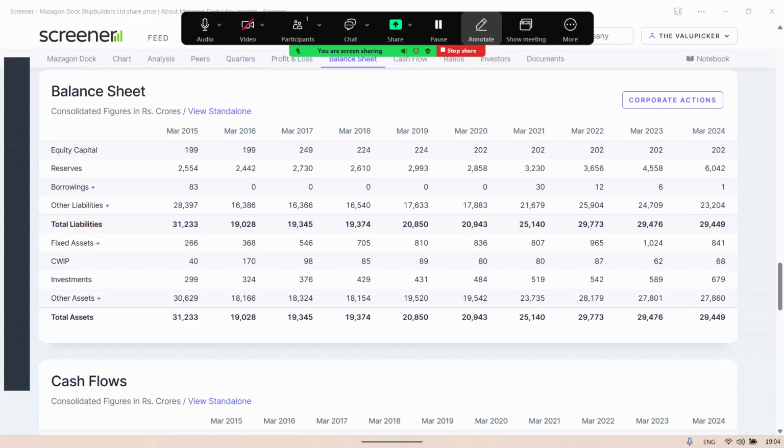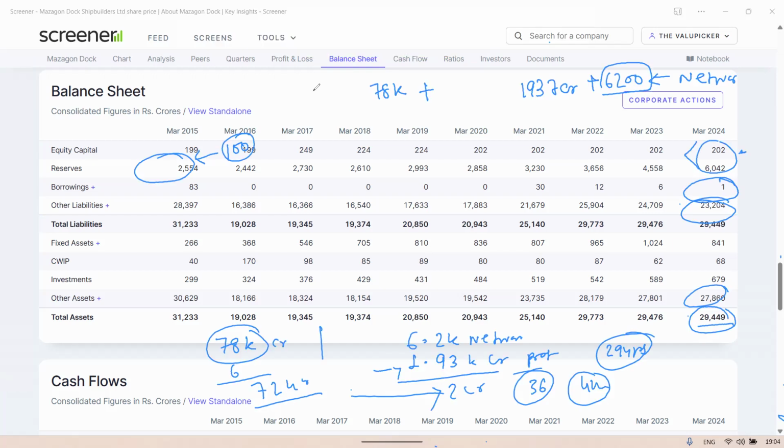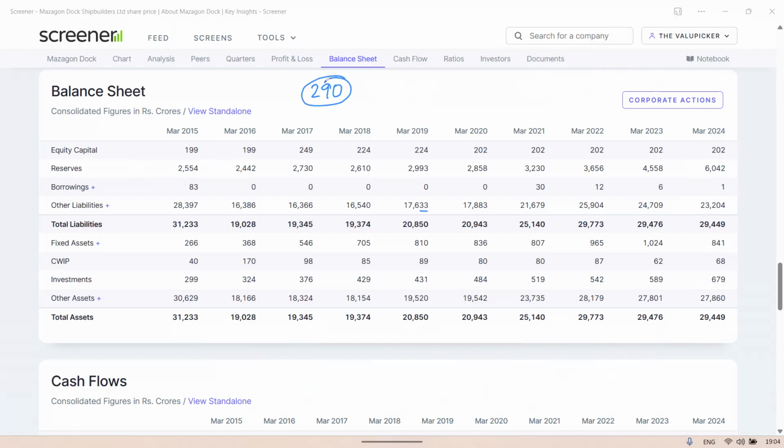At that time it was at 290 rupees. Now it is 3,800, say, or 3,900.